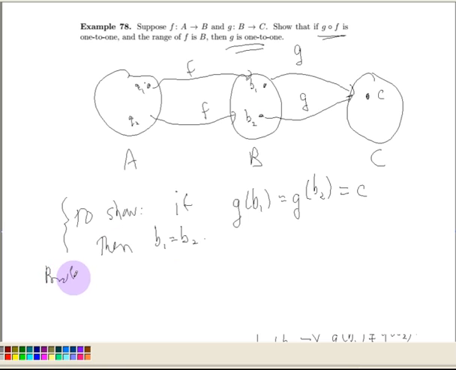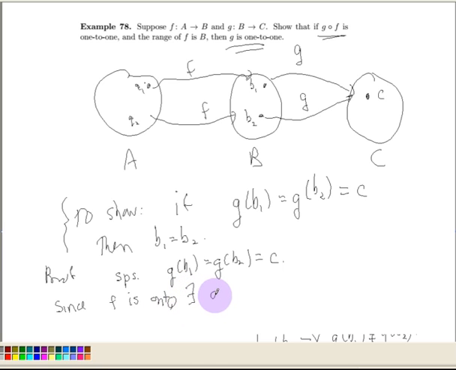So if I just sketch out the argument, this is what you want to show, and here's the proof. Suppose, in shorthand, that G of B1 is equal to G of B2, is equal to C. And since f is onto, well, I say that the range of f is B. That's the same thing as saying that f is onto.